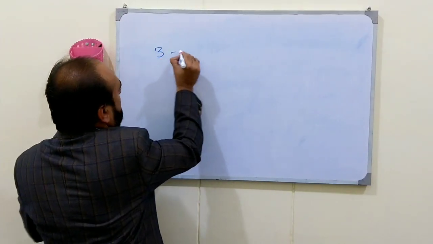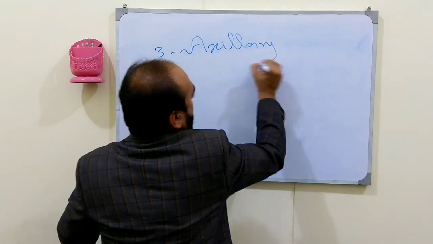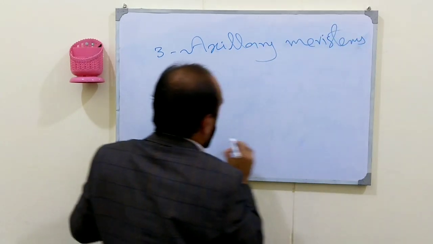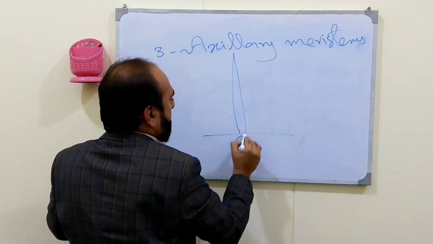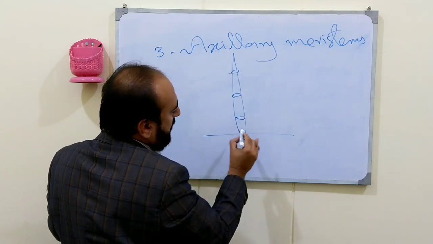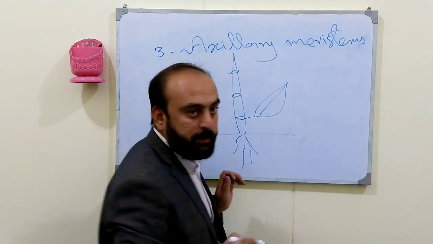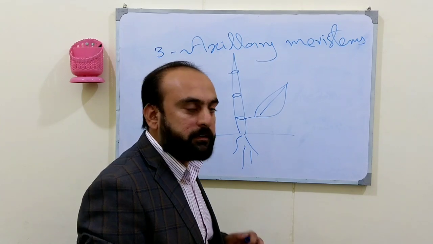Axillary meristems. Nodes are enlarged portion of the stem to which leaves are attached and where vegetative or floral buds initiate.